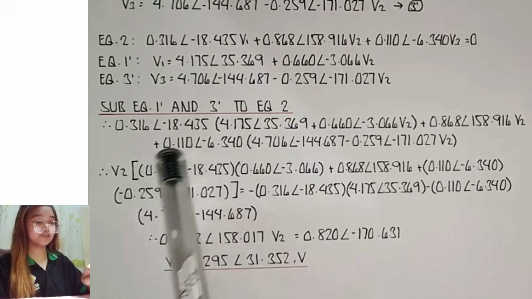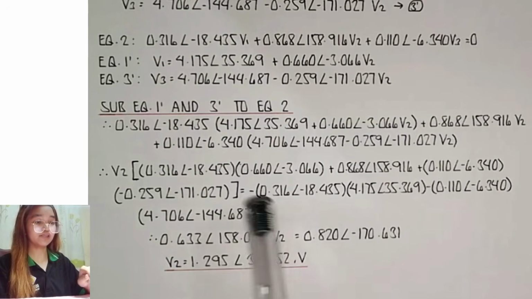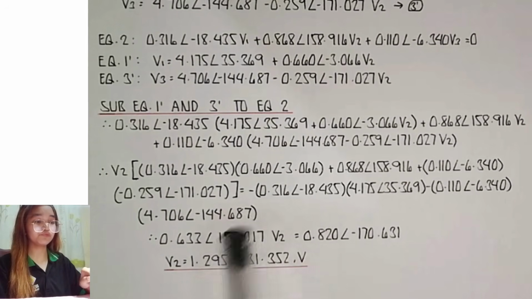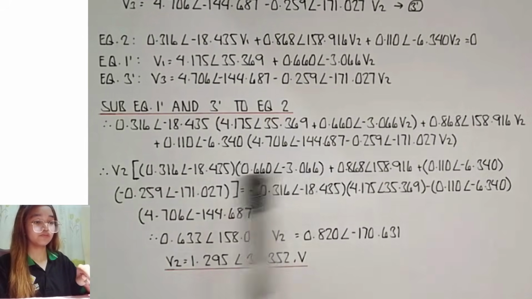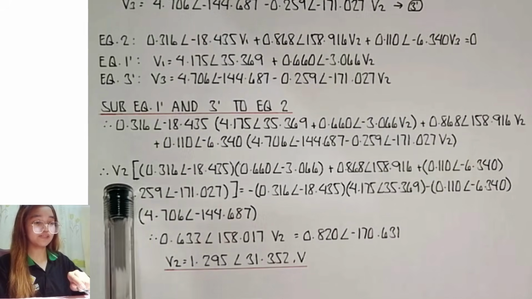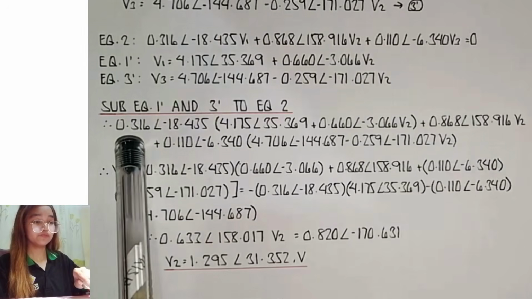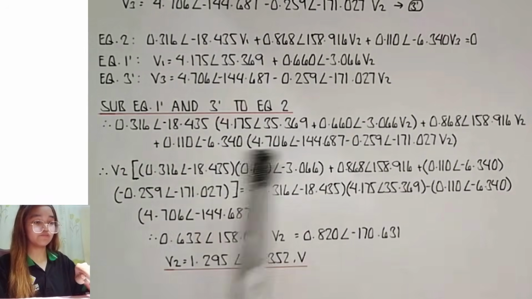So next is to simplify further for us to get the value of V2. So all of these are now in V2, so we will bring out the V2 and simplify it.